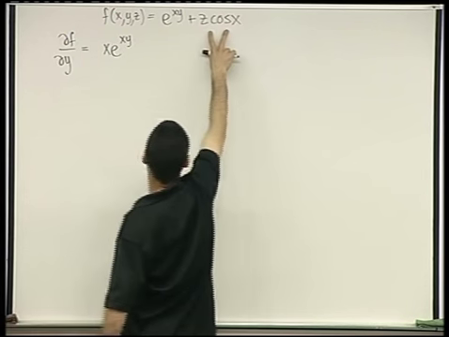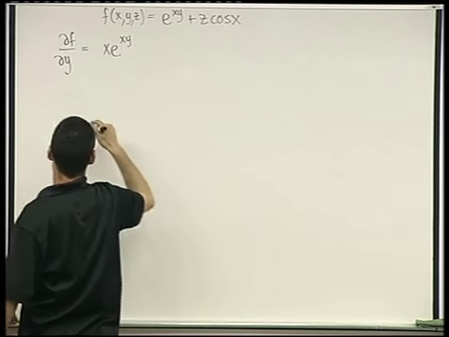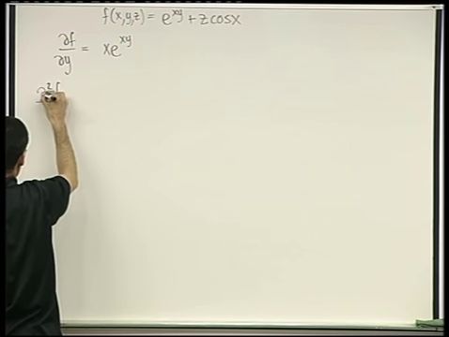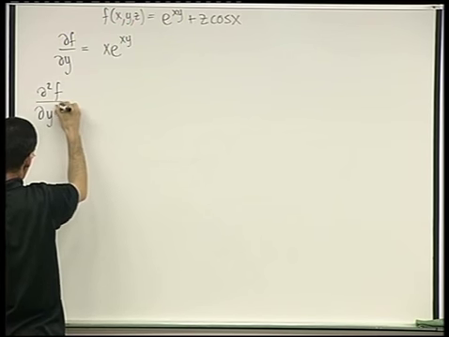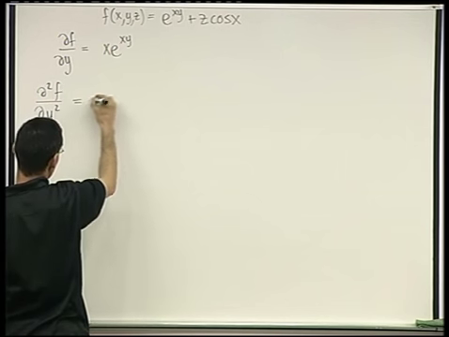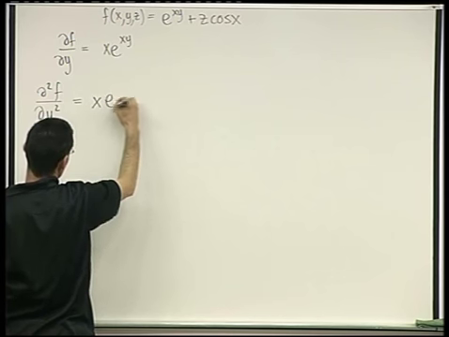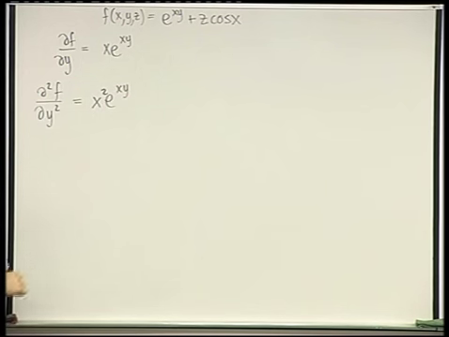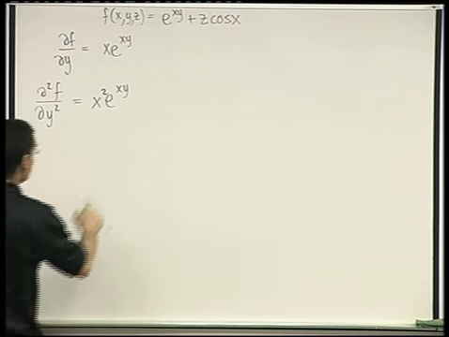That's it, because this does not have y's in it. What's the derivative d squared of f with respect to dy squared? So the derivative of this, again with respect to y. So it's x times e to the xy times the inner derivative. So we get x squared. Do you agree?